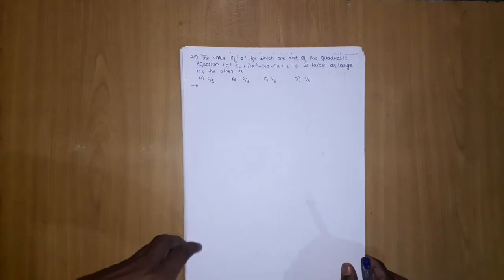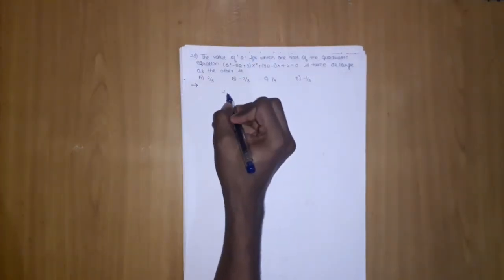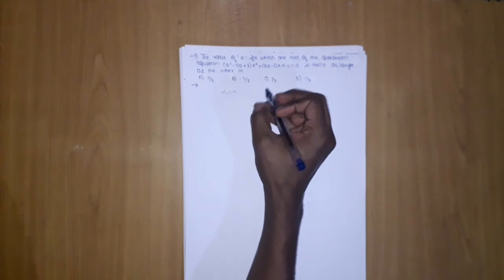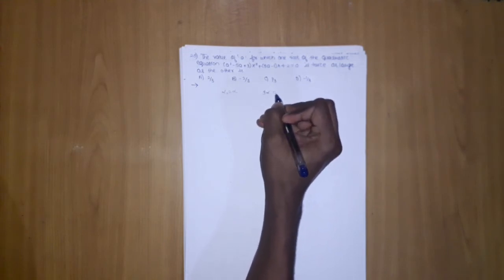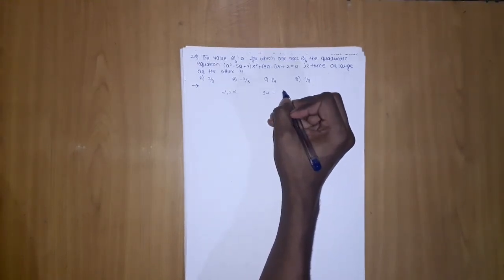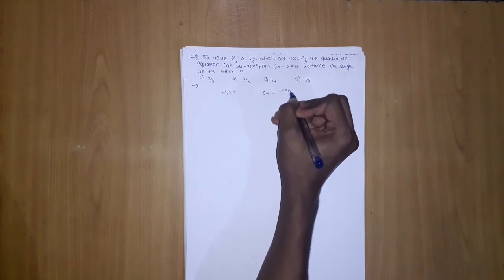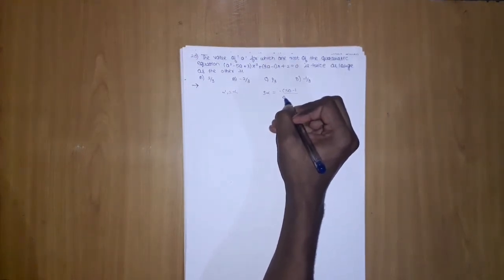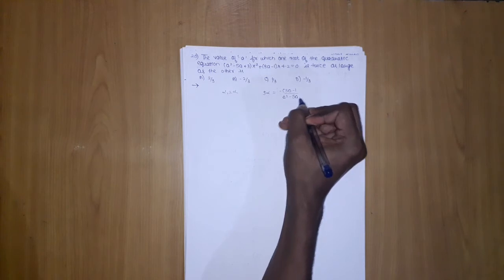Okay, so we are done with question number 23. The value of a for which one root of the quadratic equation is twice as large as the other, so it has two roots, alpha comma 2 alpha. So we know the sum of the roots is 3 alpha, which will be minus (1 minus 3a) upon a square minus 5a plus 3.